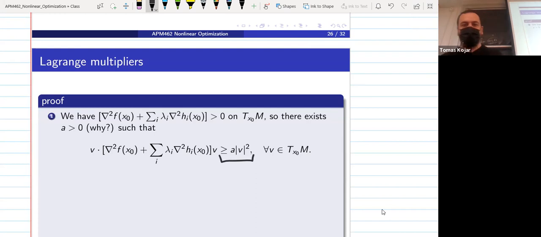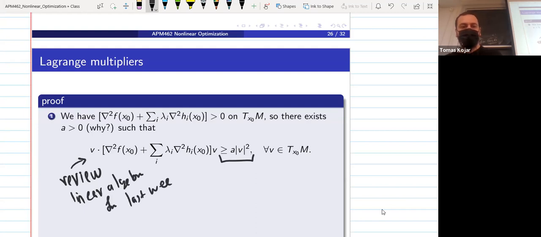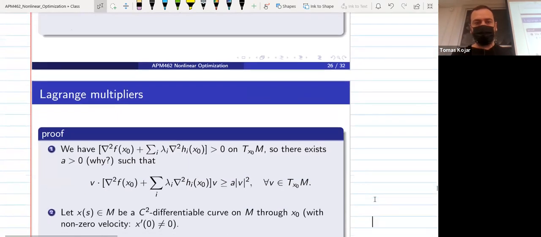Okay. So review the linear algebra argument from last week. It was the same thing. So this A was lambda 1.